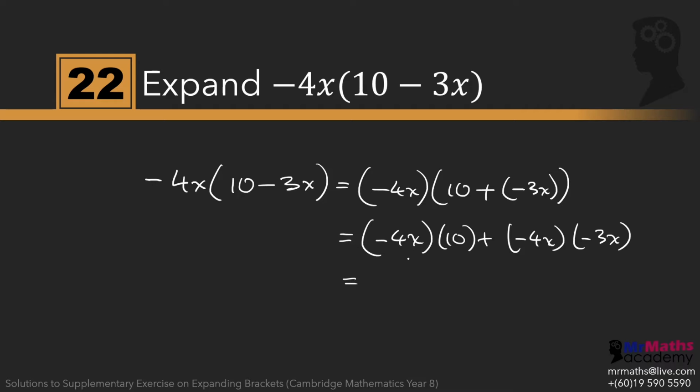A minus term multiplied with a positive becomes minus, so 4 times 10 is 40x. Plus, and 2 negative terms multiplied together becomes positive. 4 times 3 is 12, and x times x is x squared. That's the final answer.